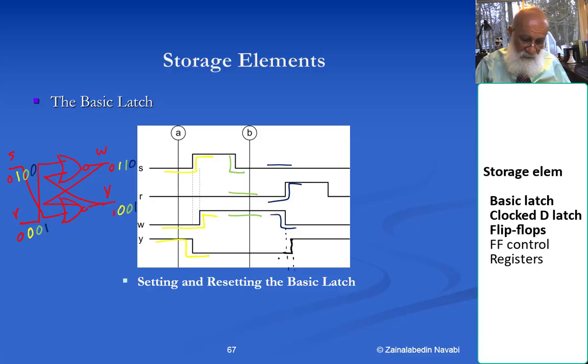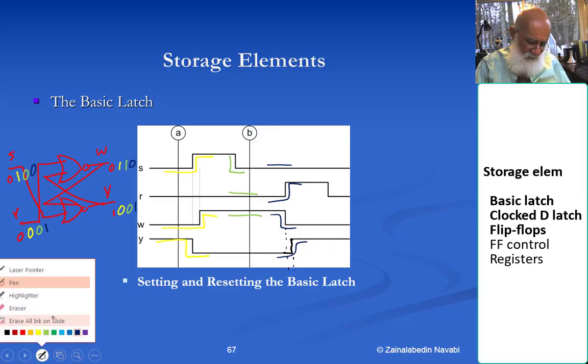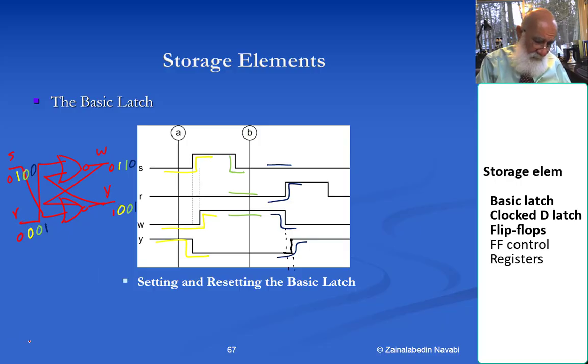So Y changes to 1, and later I'm going to make some more changes again, and this time I'm going to change R to 0, keep S as 0, and so R changes to 0, S at 0. I find that the 0 on R propagates to the upper gate, and that remains at 0, that remains as 1, that remains as 0, that remains as 1.